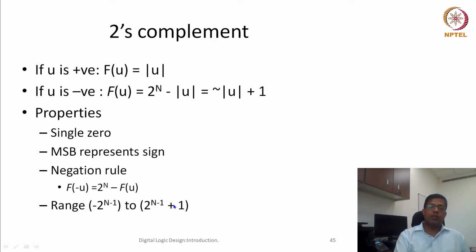So for example, for 4-bit numbers, the range is from minus 2 to the power 3 to 2 to the power 3 minus 1. So that means the range is from minus 8 to positive 7. So this is the range we get from 2's complement.